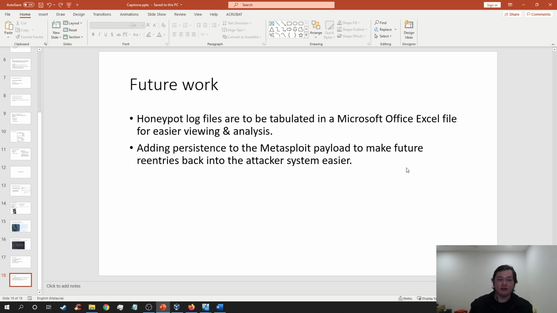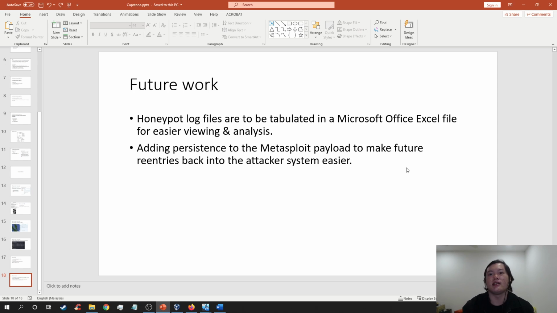So as for future work in this project, the possibilities are that the log files are difficult to read, and one of the ways that could be made easier to read is running a script to convert it into a Microsoft Office Excel file so that it can be easier to see and also analyze.